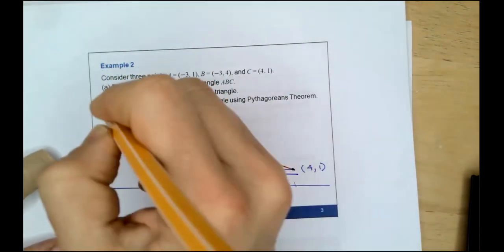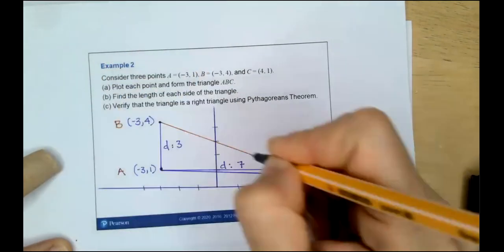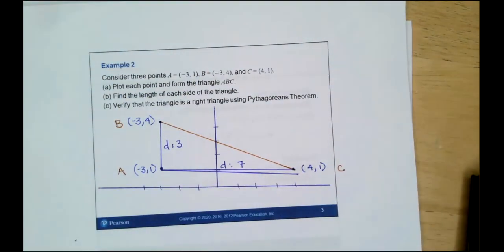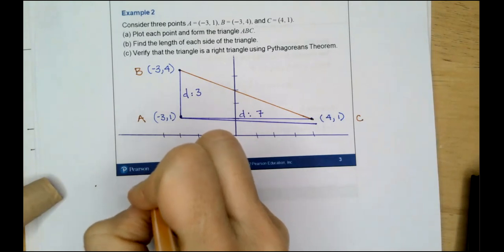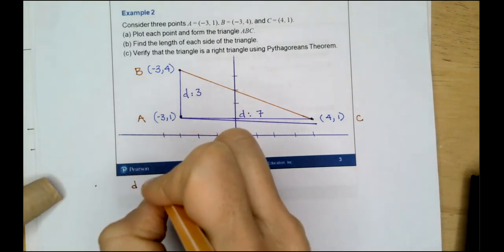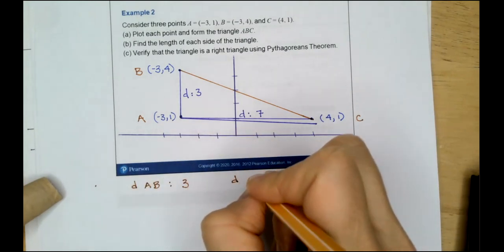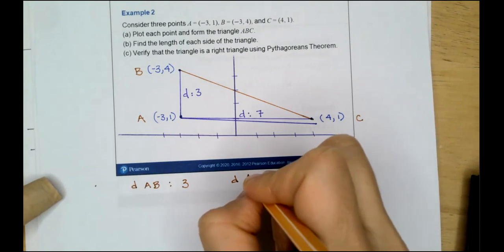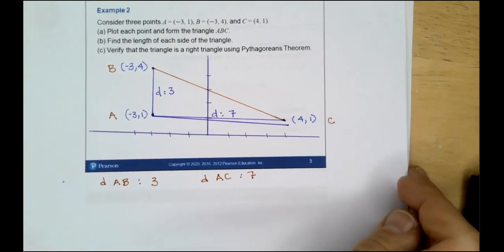What was this? A, B, C. Okay, find the length of each side of the triangle. So the length of side AB, we could say the distance of AB is 3. The distance of AC is 7. Now we just find the distance BC.